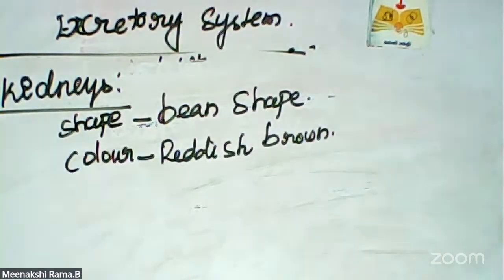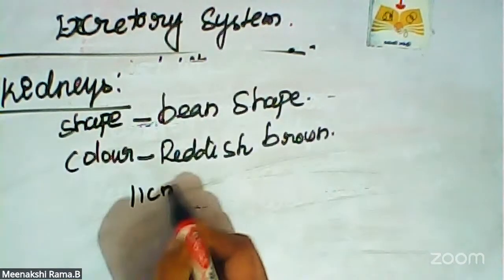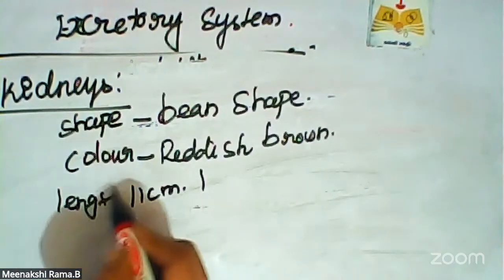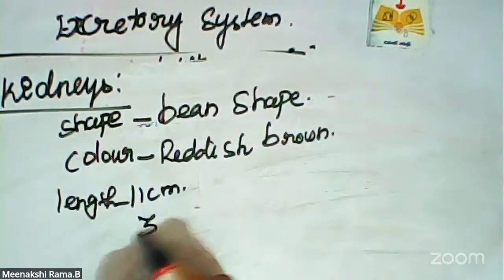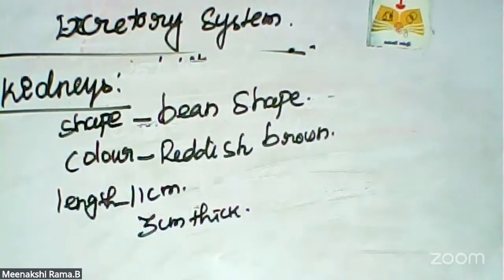right side. Each kidney is 11 centimeters in length, 5 centimeters wide, and 3 centimeters thick.